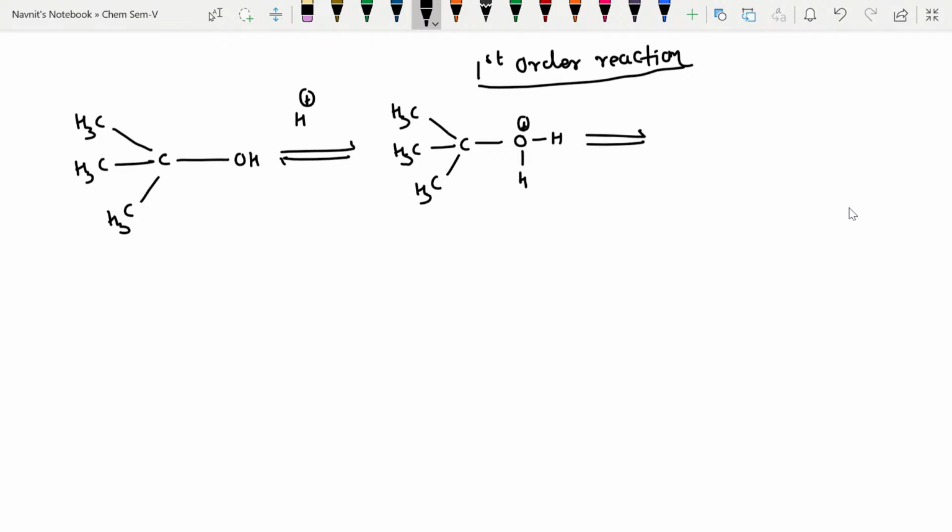Second step, what happened? A water molecule is eliminated, and by elimination of the water molecule we get the tertiary butyl cation. Is that clear? Now this second step is the RDS. In the RDS, only one species is involved, that is the alcohol.